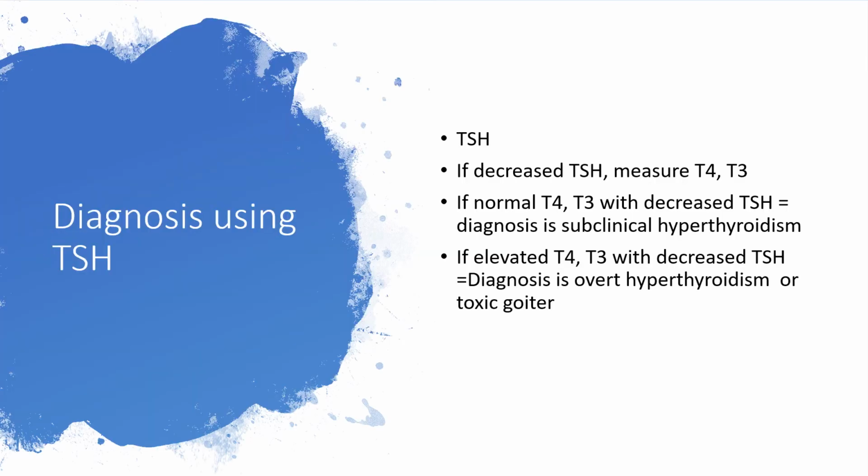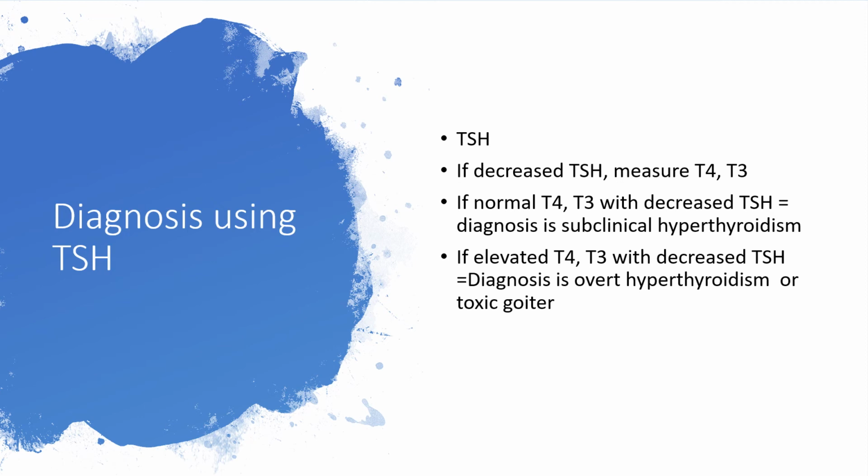Okay, here is a patient with goiter, and you want to carry out the thyroid function test. The value of the TSH is before you, and it is low. Then you are thinking, do I have hyperthyroidism? Measure your T4 and T3. If the value comes back that you are dealing with normal T4 and T3, and TSH is still low, then you are dealing with subclinical hyperthyroidism.